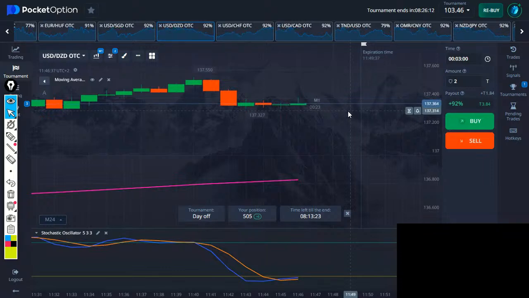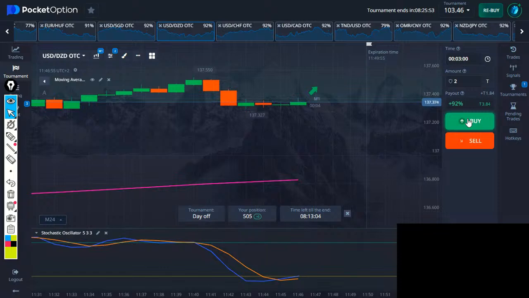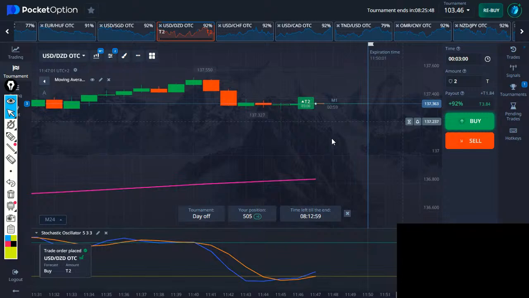I still need stochastic to give me a go signal. I don't think it's gonna. Yes, it will do it, most probably. That's it, I'll go for it.